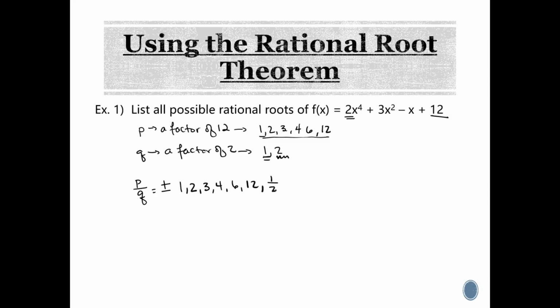So I'll have 1/2. 2 over 2 is just 1, so that's already in the list. Then I'll have 3/2, and then I'll have 4/2. Well, that's 2, which is already in the list. And then we'll have 6/2, which is 3, and then 12/2, which is 6. So these last ones are already in the list up here.